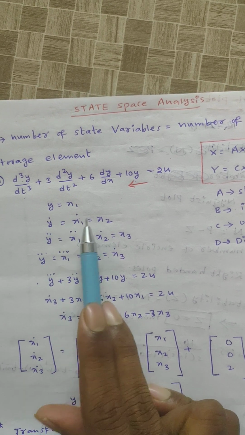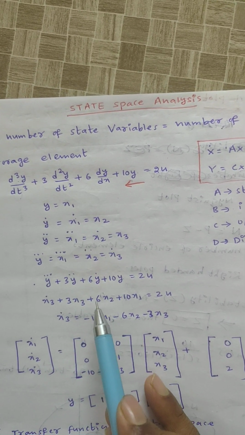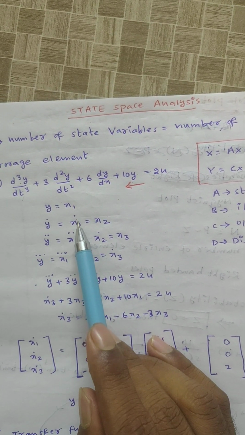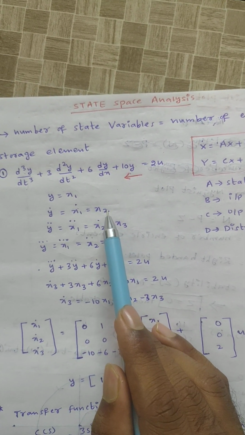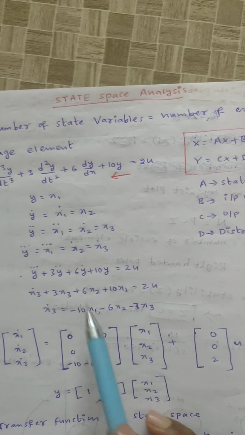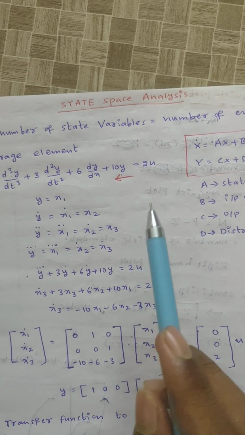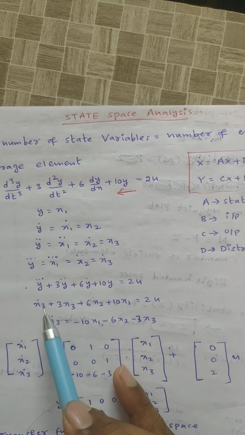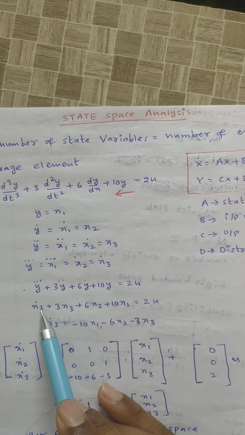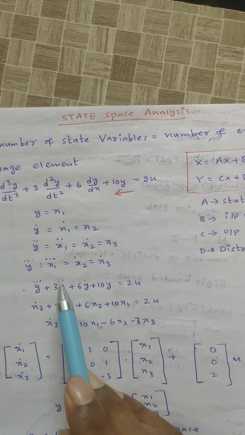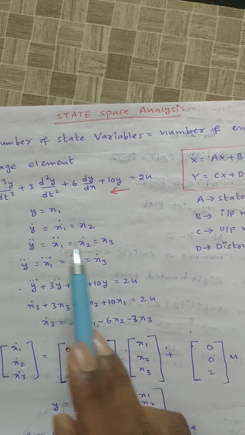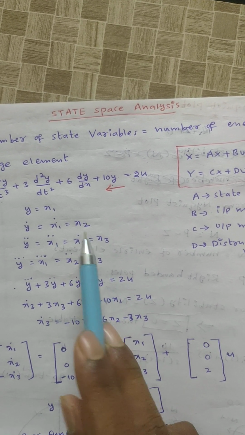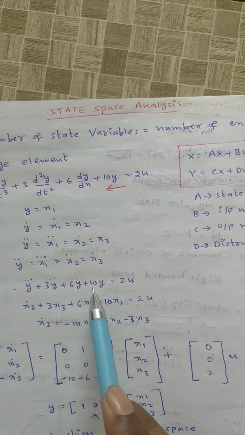Similarly, y dot equals x1 dot, that equals x2, so 6 x2. Then the total equation will be x3 dot plus 3 x3 plus 6 x2 plus 10 y equals 2u.